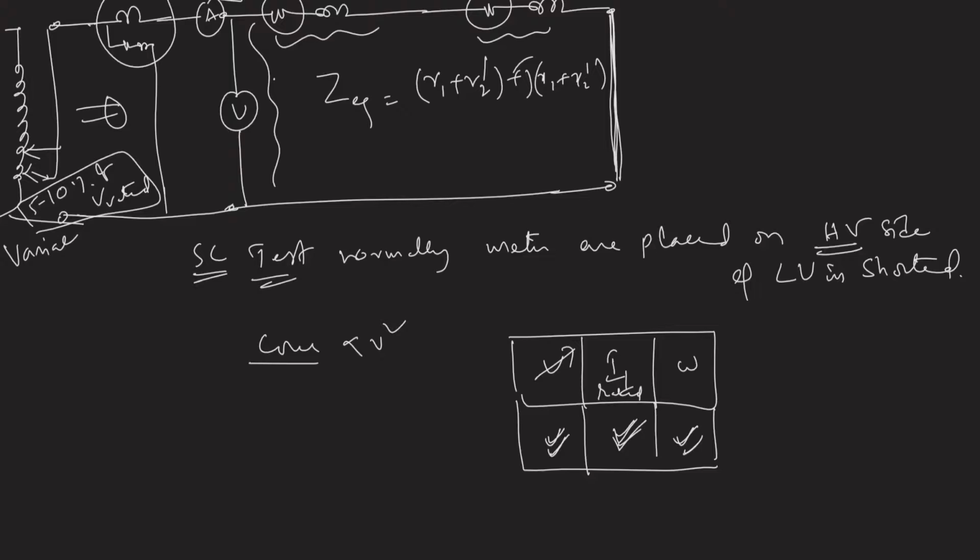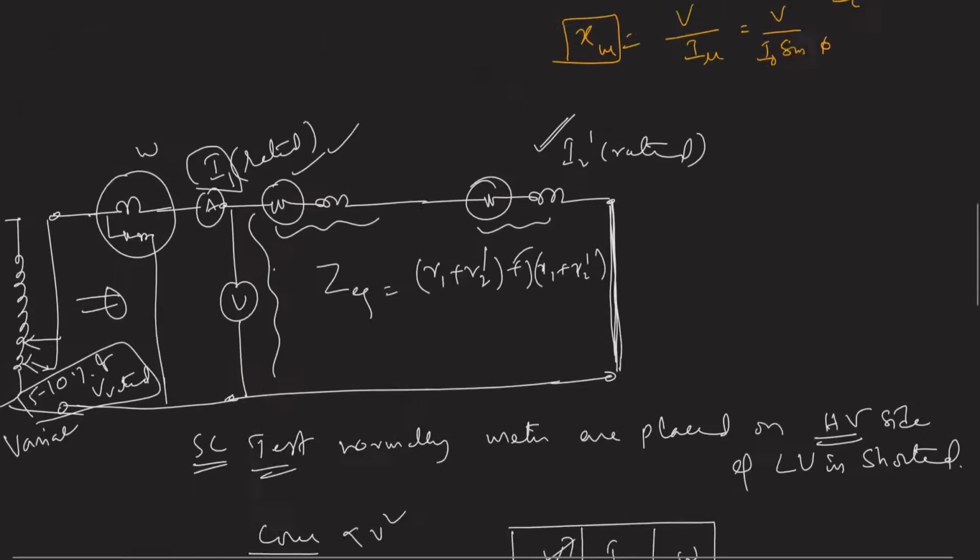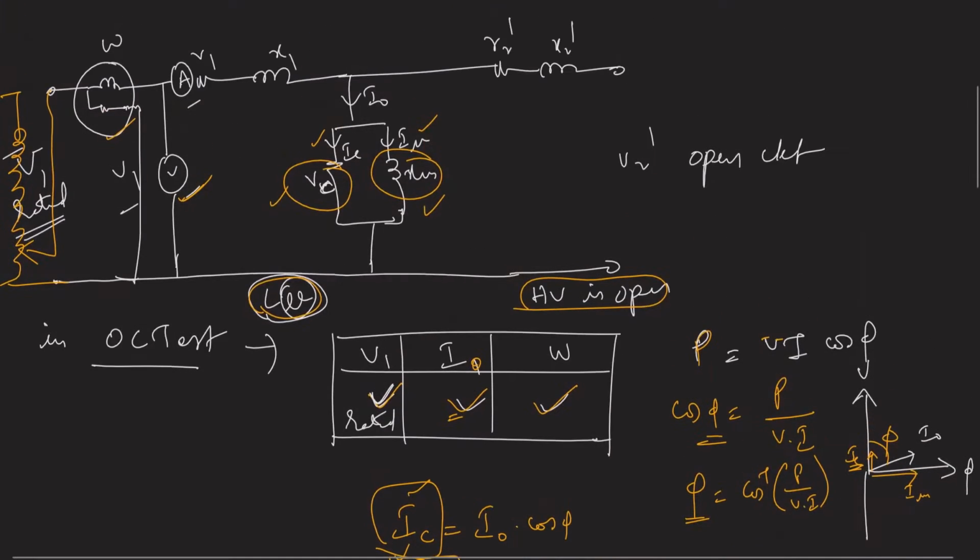So the total impedance is seen, and I can calculate this equivalent impedance referred to the HV side now. These values are referred to the HV side. Earlier, these two shunt limb elements were obtained on the LV side. These values are on the LV side.